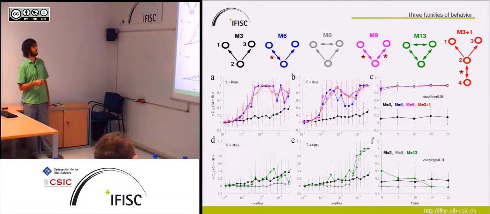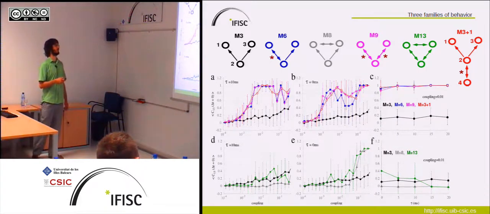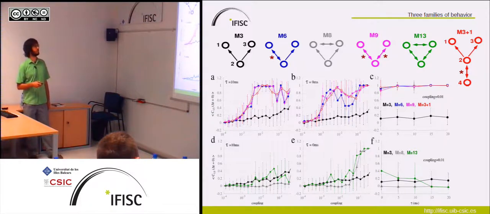And we also consider the other two motifs, M8 and M13. Those two motifs also have a pair of mutually coupled nodes. M8 is receiving a common drive, with 1 and 3 mutually connected.